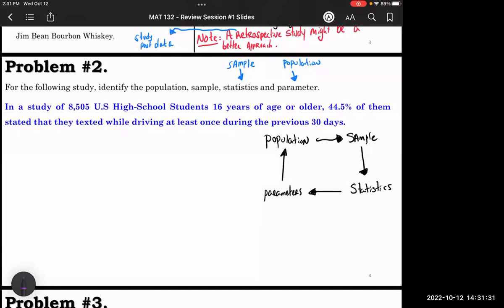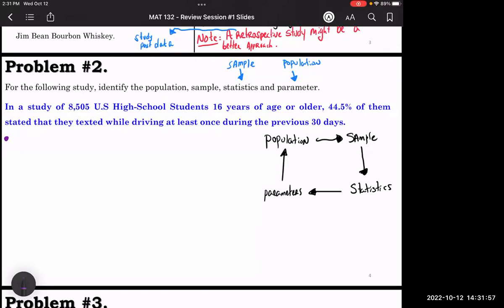So what do you think will be the population for this study? 8,505. Do we agree? Is that going to be our population? 8,505 US high school students, 16 years of age or older? No, right?